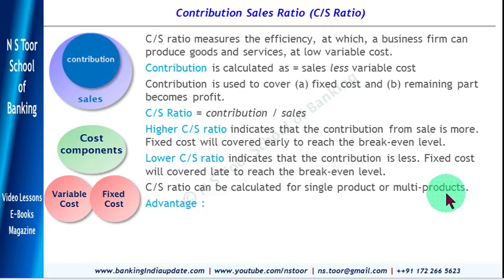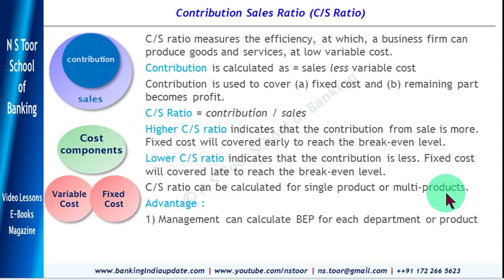What is advantage of calculation of CS ratio? Why this ratio is popular with financial analysts and with the firms? First, management can calculate a break-even point for each department or product. Every management of goods and services firms, they are interested how early they can reach the break-even.